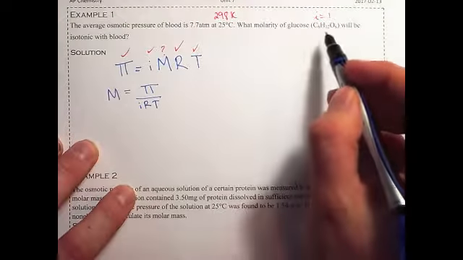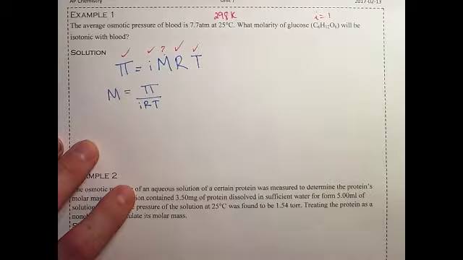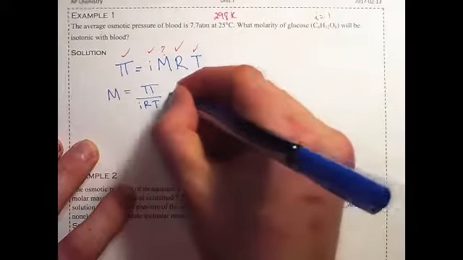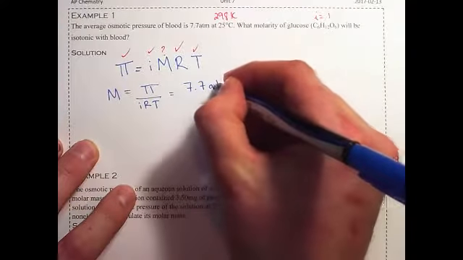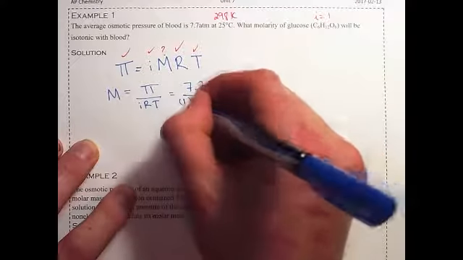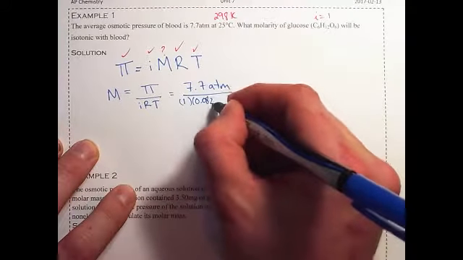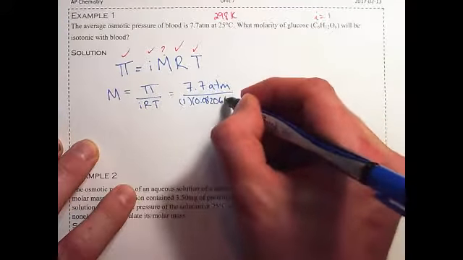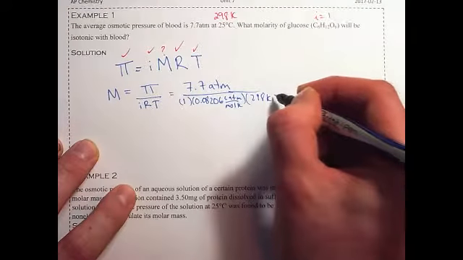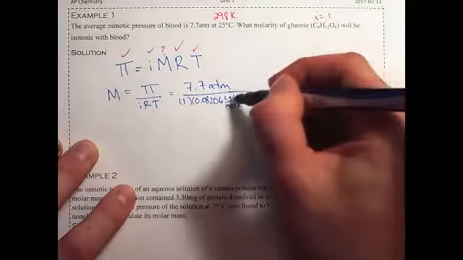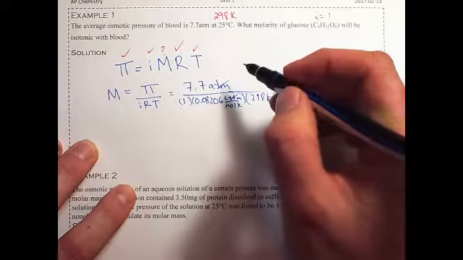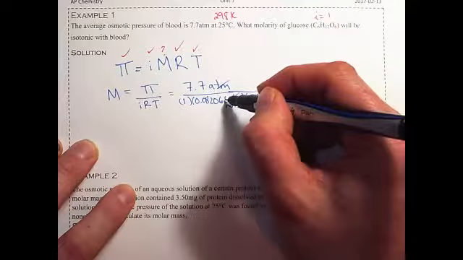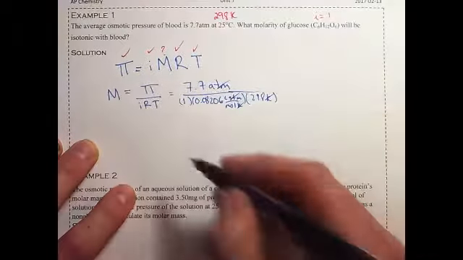So the biggest trick here is making sure that you understand whether the solute is an electrolyte or not. In this case, we assume glucose is a non-electrolyte. So 7.7 atmospheres divided by 1 for the Van't Hoff, 0.08206 liter atmospheres per mole Kelvin, and 298 K. So atmospheres cancel, Kelvins cancel, liters will be on the bottom and moles will be on the top, which is what we want.